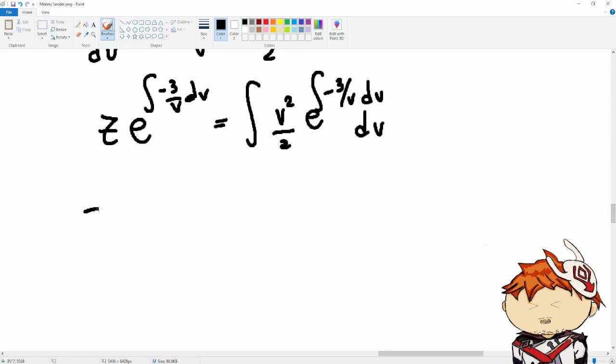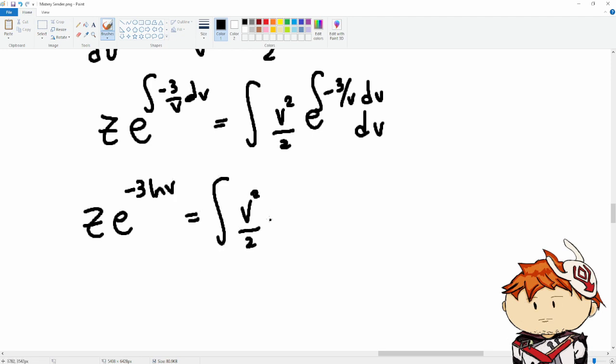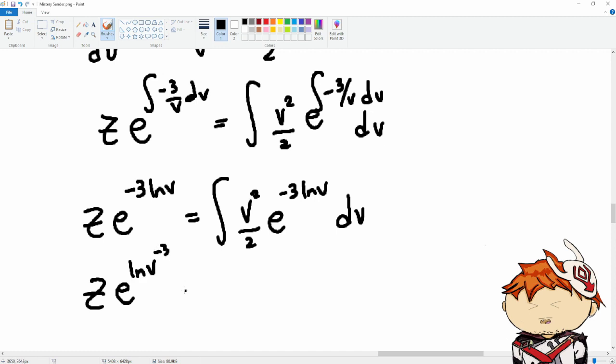So z e to the -3 ln v is equal to the integral of v over 2 e to the -3 ln v dv. e to the ln v^-3, that's basically v^-3, right? So v over 2 v^-3 dv.